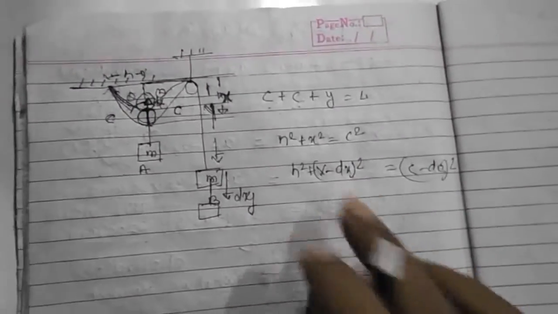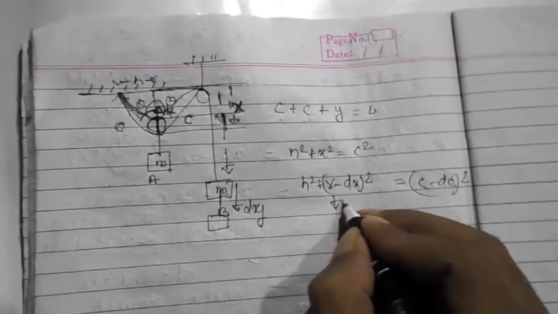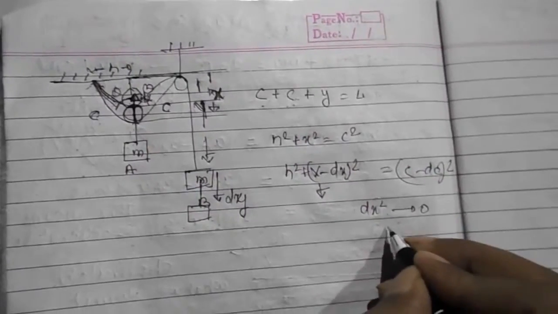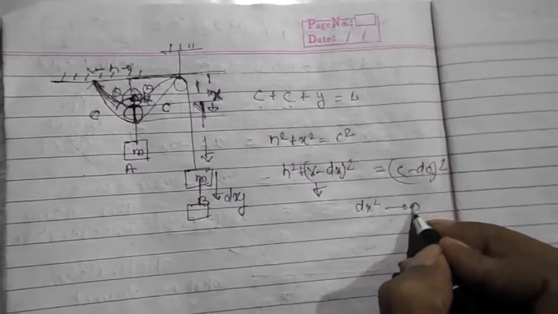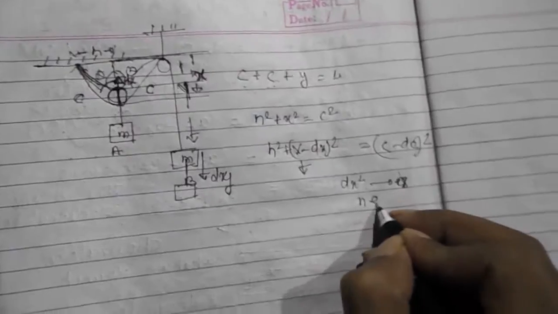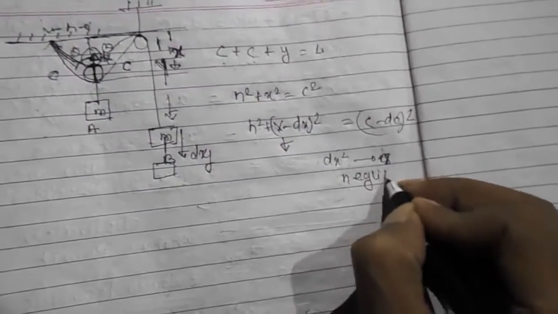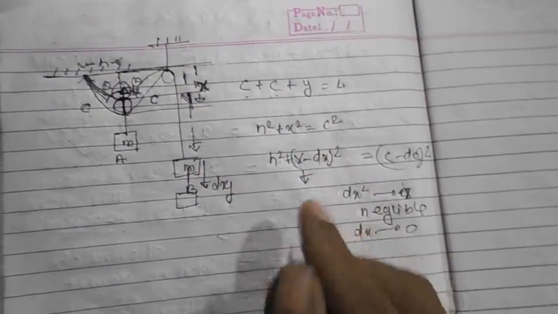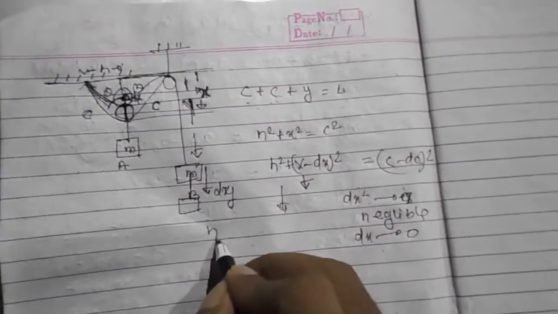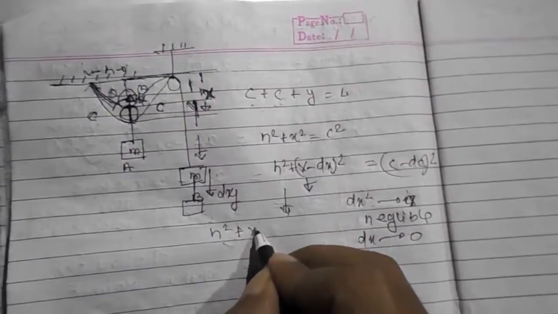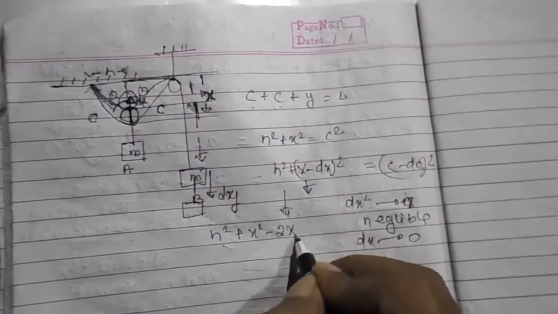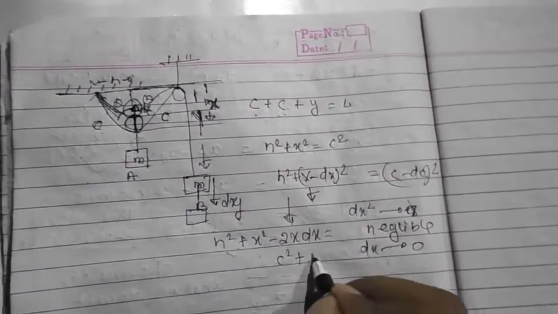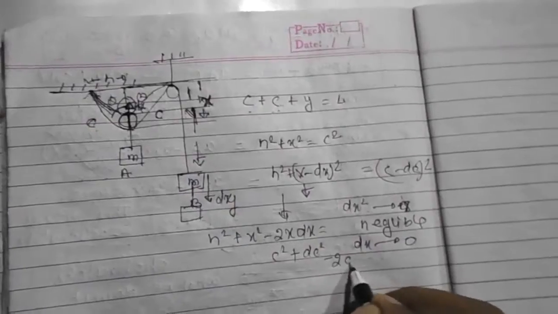Okay guys, if you look at this carefully and use the approximation that dx square is negligible as dx tends to 0, I can write h square plus x square minus 2x dx is equal to c square plus dc square minus 2c dc.